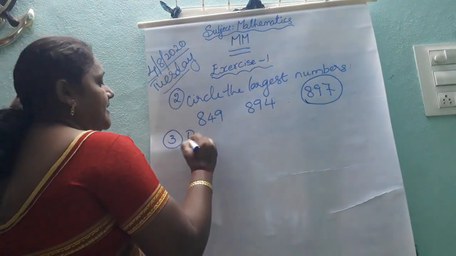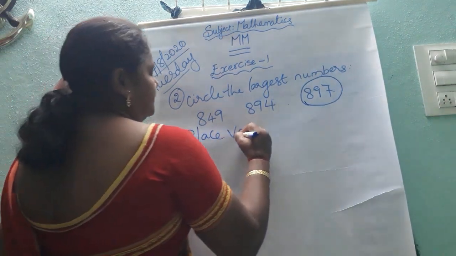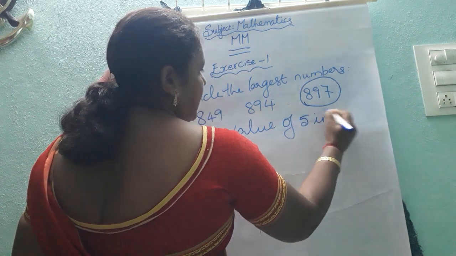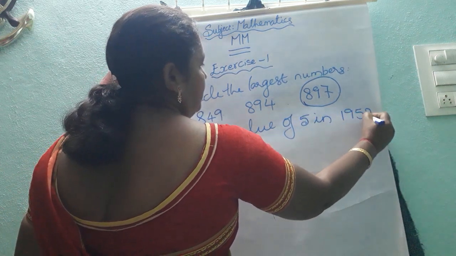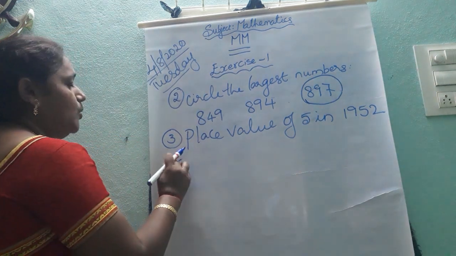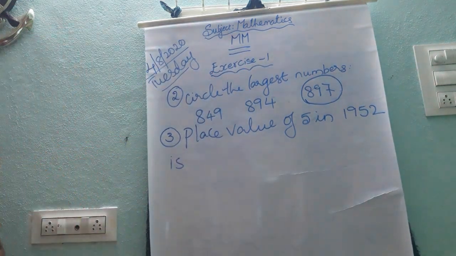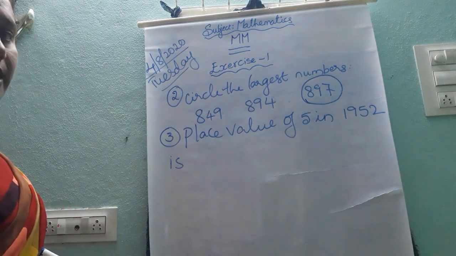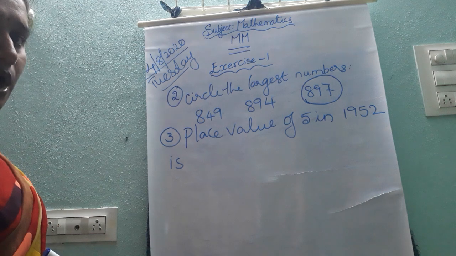What is the place value of 5 in 1952? While writing the place value of the number, before going to write it, what do we have to do?